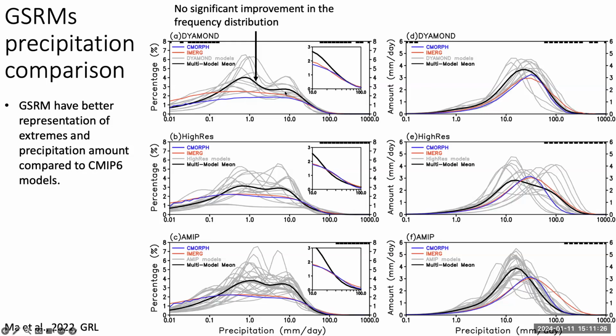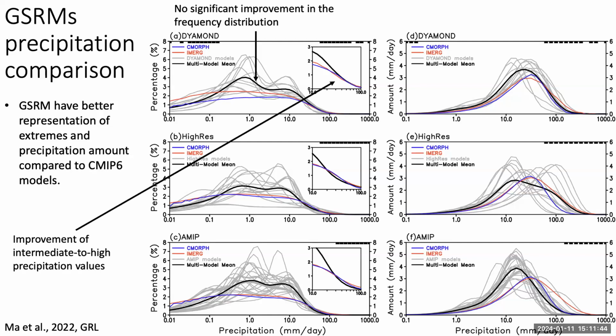And when we look at the frequency distribution, it actually looks like we are not doing that much better using GSRMs. We still have too much drizzle in GSRMs. But if we focus on high precipitation values, we can see that the tail of the distribution seems to agree more than in the high resolution or AMIP models.